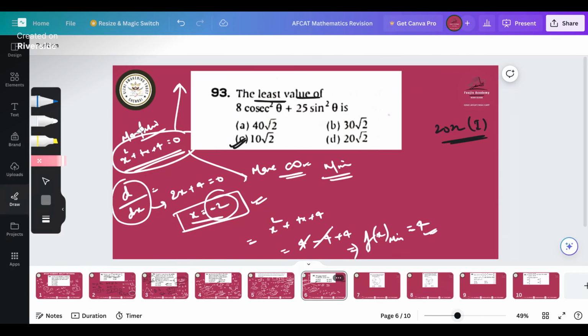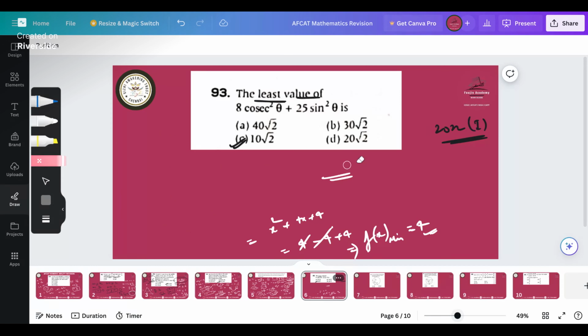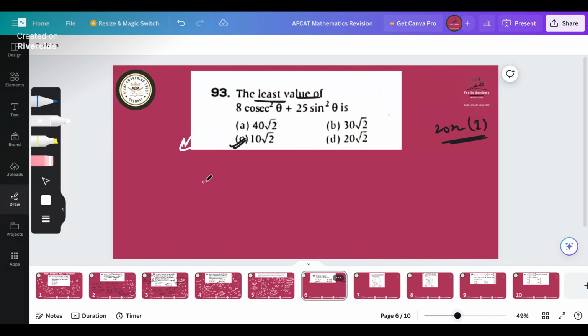Similarly, I do not want you to get confused, and that is why I have told you this trick. The whole mechanism, how exactly it is happening, is that this value is first differentiated in the form of theta, and then some value comes.